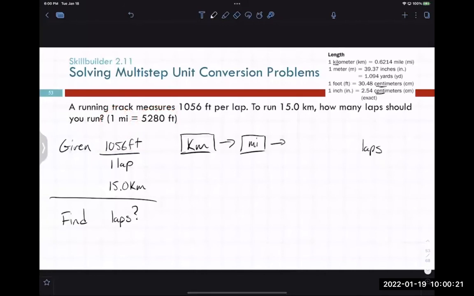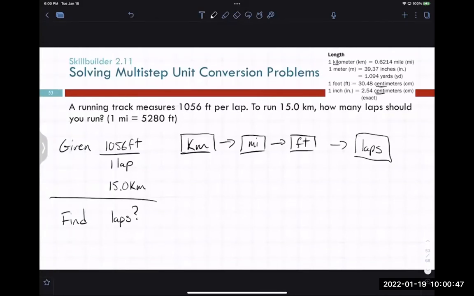So we know that we can convert from miles to feet. And if we can convert to feet, then we can convert to laps.